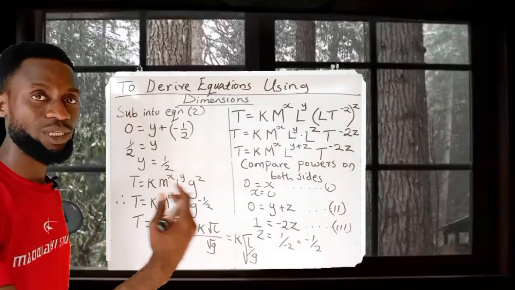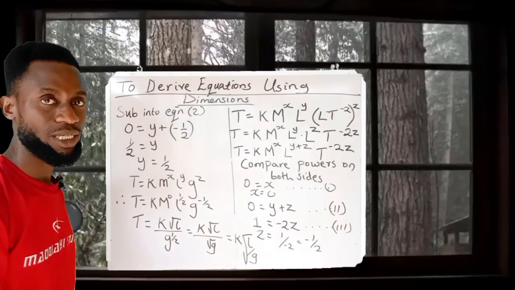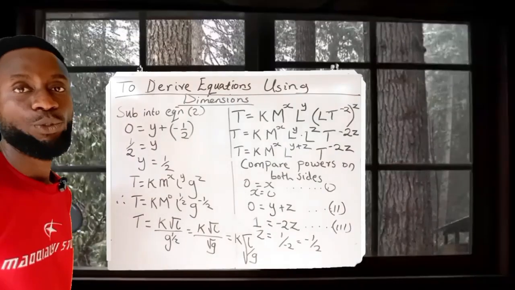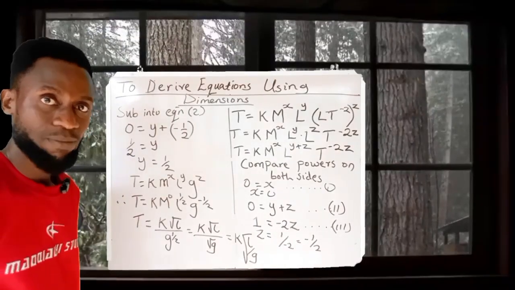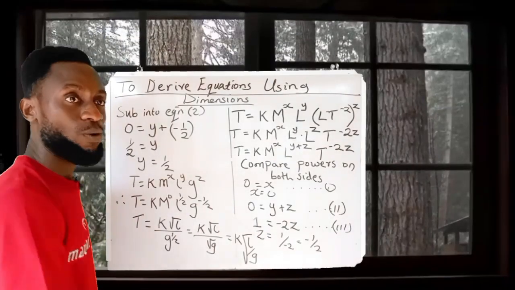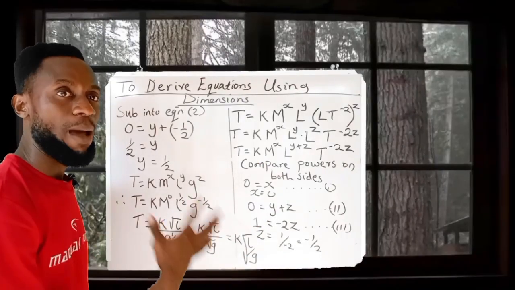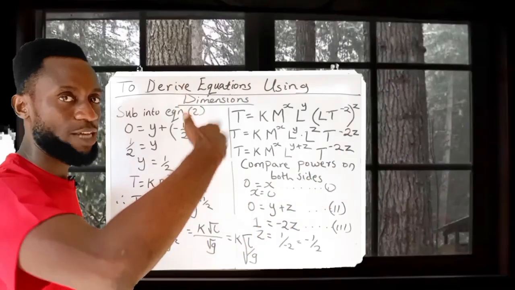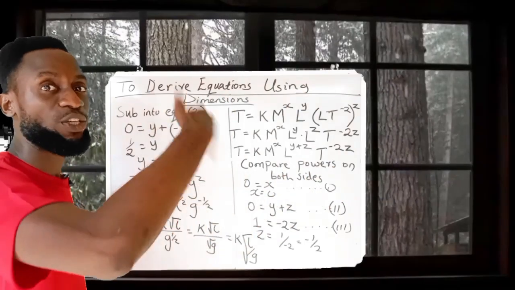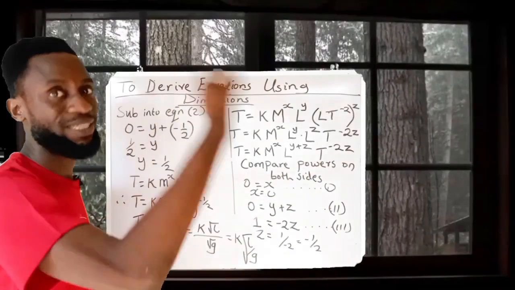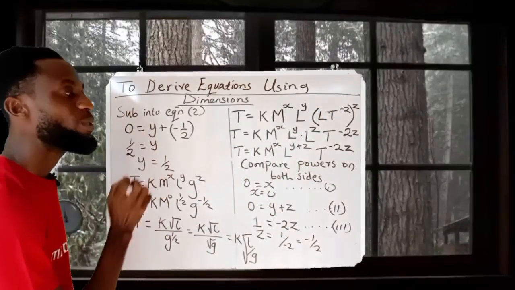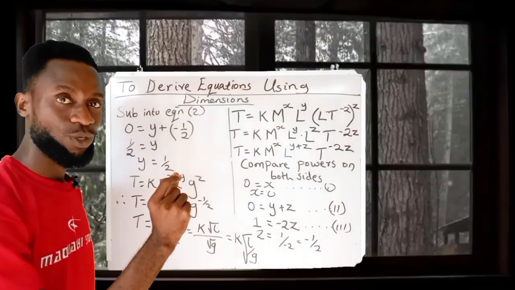So go through this video again slowly to understand what we did. It's very simple. Number one, you show the proportionality sign. Number two, you convert it into an equation by putting unknown values for their powers. So like X, Y, Z, you could choose P, Q, R, you could choose A, B, C as the new powers. When you've done that, you open up each of their dimensions the way we've always done it.